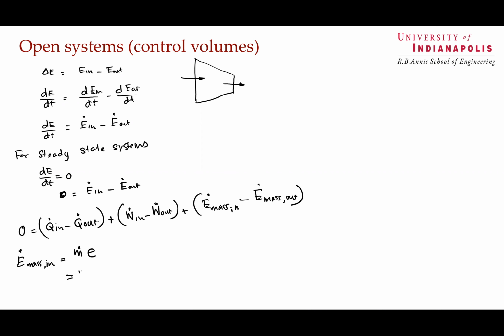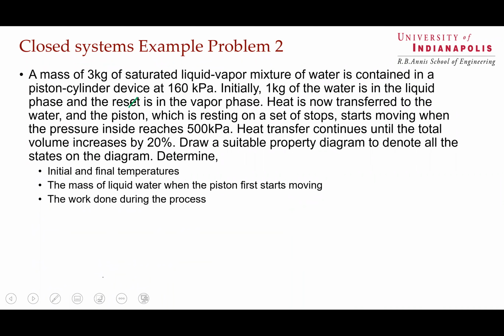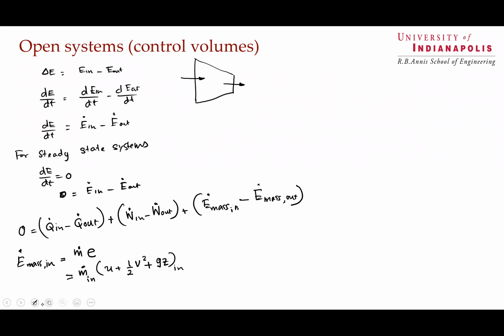So the specific energy of a flowing fluid can be written as u plus half V squared plus gz, in, and it can be also written for out in the same manner. And the other thing that we need to consider is the flow work.